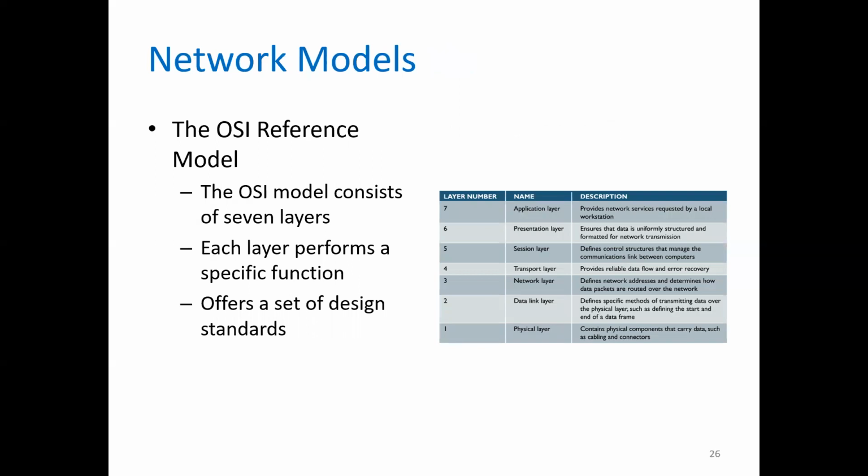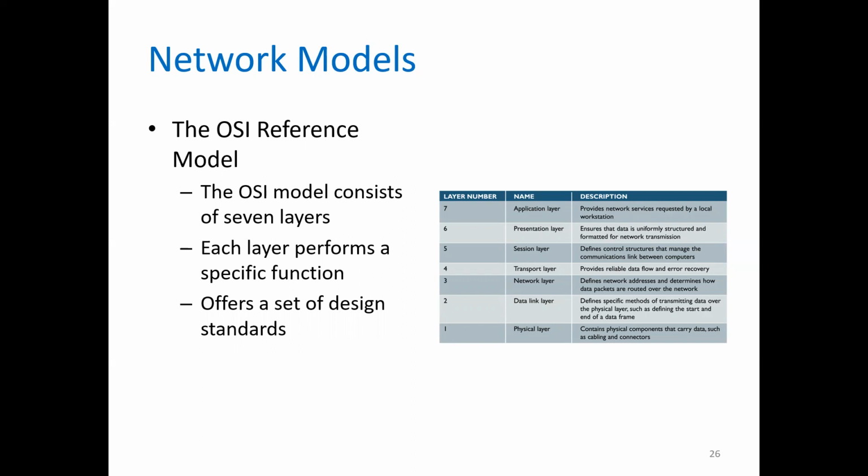Network models. The OSI model. OSI is the long form for Open Systems Interconnection. The Open Systems Interconnection model is a conceptual model that describes the universal standard of communication functions of a telecommunication system or computing system, without any regard to the system's underlying internal technology and specific protocol suites.